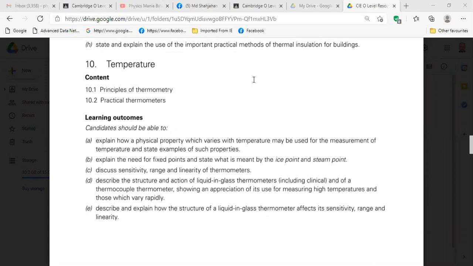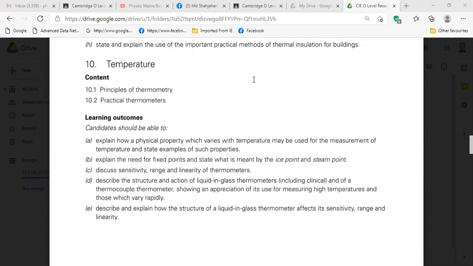That one is thermistor thermometer. Is it clear? Here we are using the property of the material, that with temperature its resistance changes. This property we are using to make the thermometer.